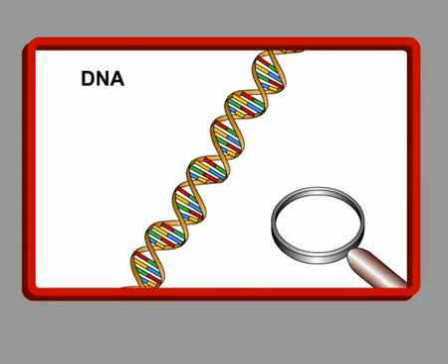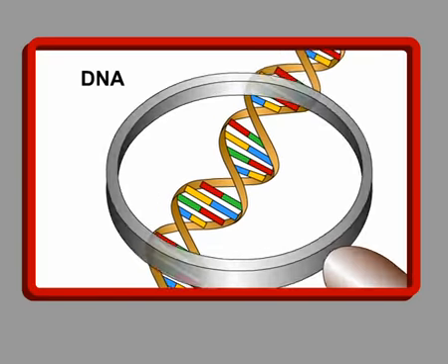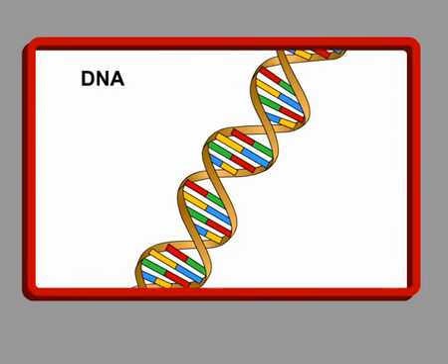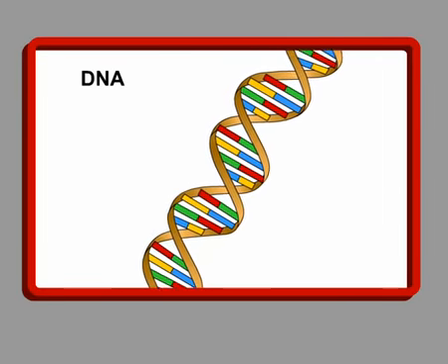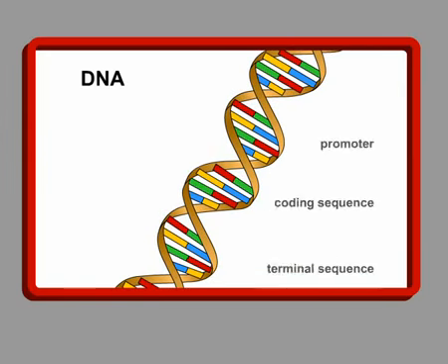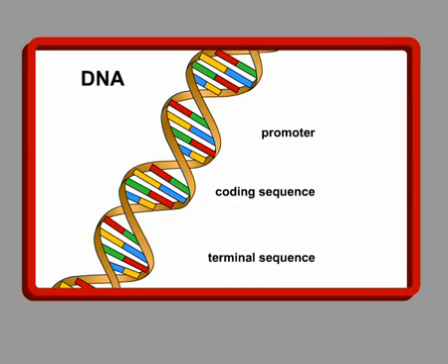DNA is the chemical structure that holds and carries the genetic instructions for making living organisms. It keeps them going, growing, and replicating. DNA contains genes. A gene is a functional and physical unit of heredity passed from parent to offspring.